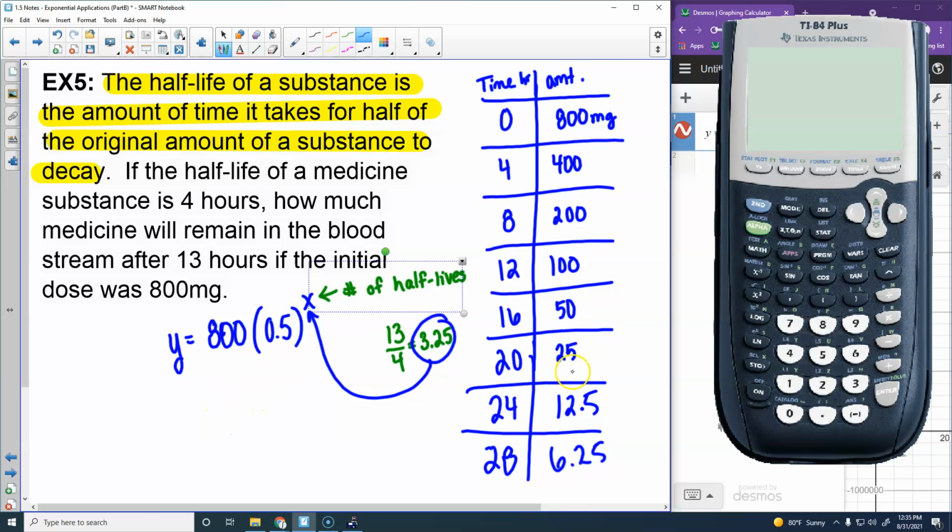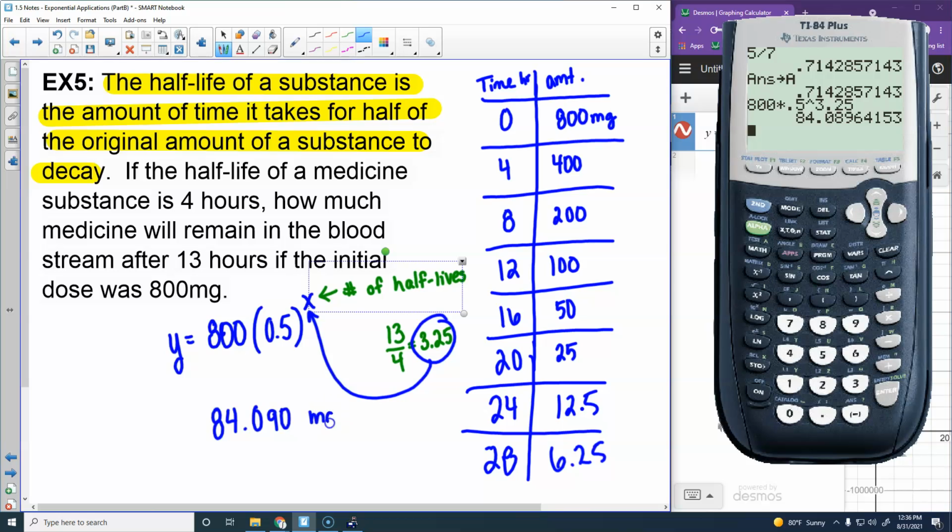So I will do 800 times 0.5 to the 3.25. And I get 84.090 milligrams. So that will give me an exact number.